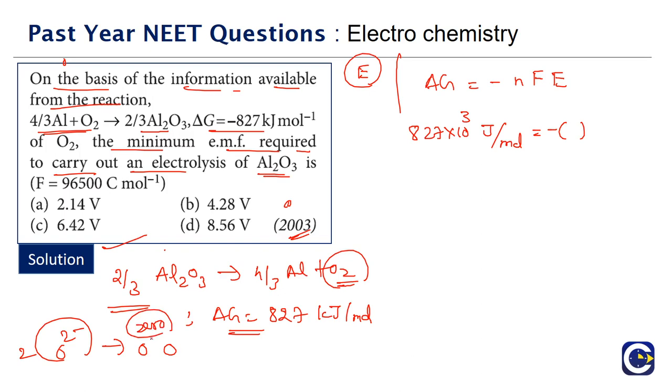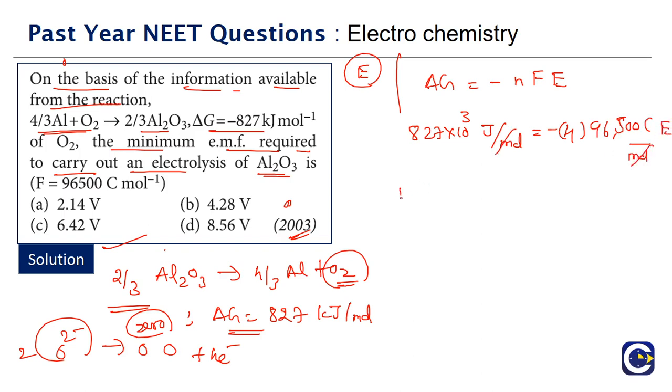Means each oxygen from -2 is becoming 0. Overall, two oxide ions will become oxygen atoms by losing 4 electrons. Okay, so the number of electrons exchanged is 4 into F. What is the F value? 96,500 coulomb per mole. So per mole will be cancelled, into E will come.